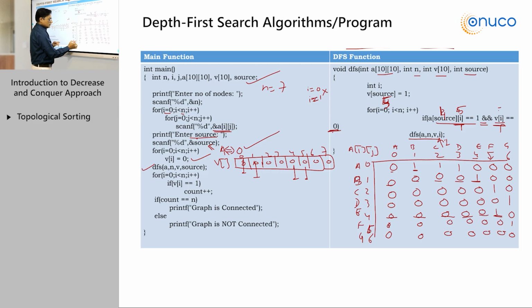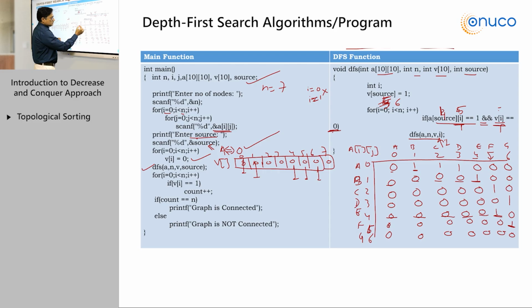We are at F. Do you have any path from F to another vertex? Yes, F to G. That is 6, and visited of 6 is 0. So both conditions are true. Hence visited of 6 is equal to 1. Now we are at G. Do you have any path from G?